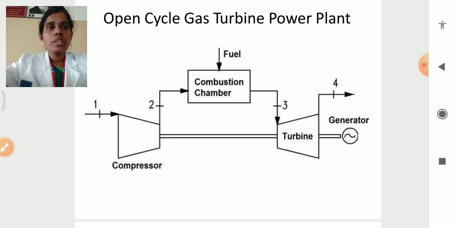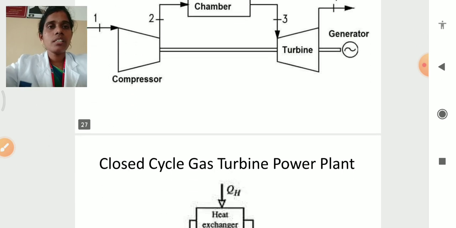In this open gas cycle, the air gets compressed, and the compressed hot air is fed to the combustion chamber. The fuel is fed to the combustion chamber, the fuel gets heated, and the hot gas is then passed to the turbine. In the turbine, the heat is converted to mechanical output, and the turbine, which is coupled to the generator, produces electrical energy.